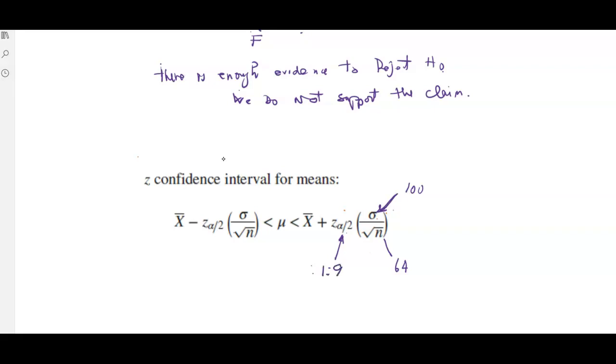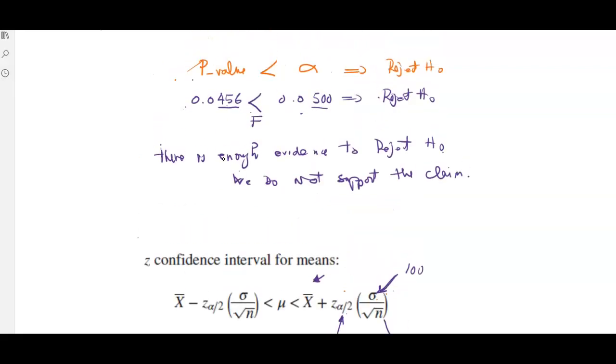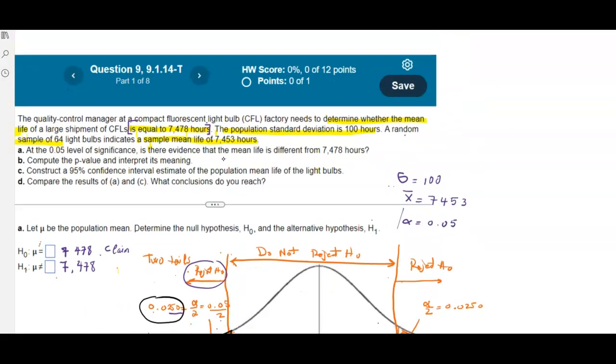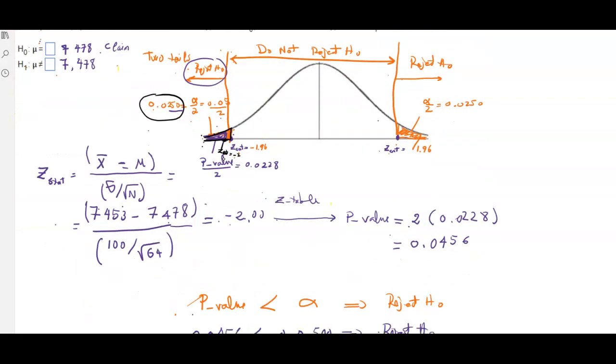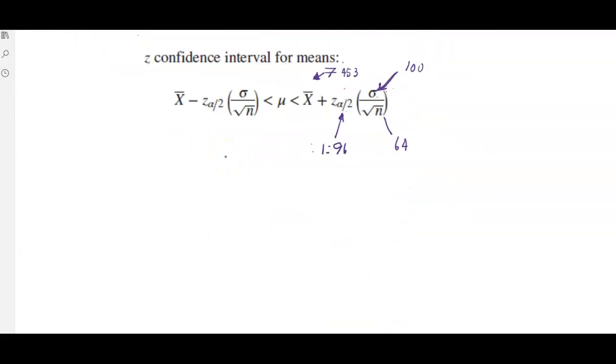And the X bar is the value given by the exercise for the 64 sample, 7453. I think we have all the information that we need.